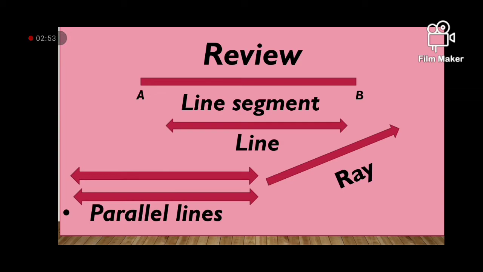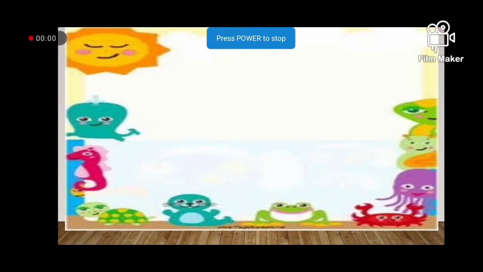Because they have the same distance between them at any point and they do not intersect or meet each other at any point. So these lines are called parallel lines. My dear students, I hope you understood the different types of line.